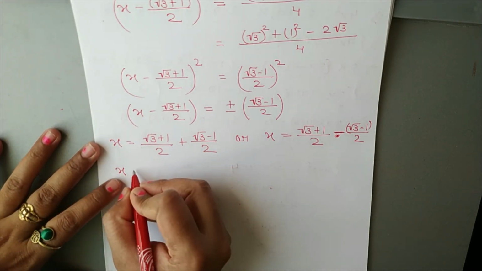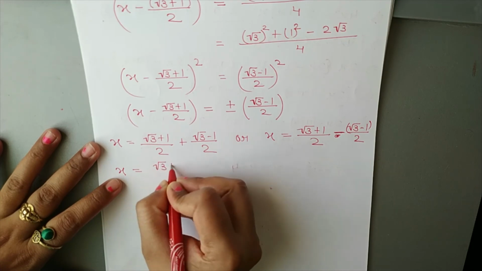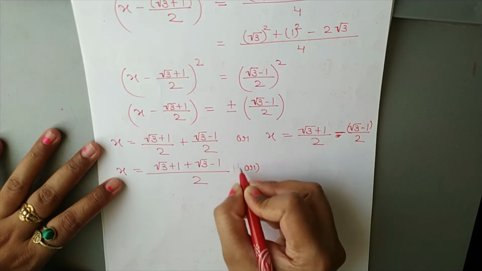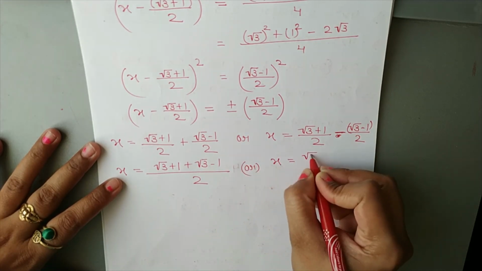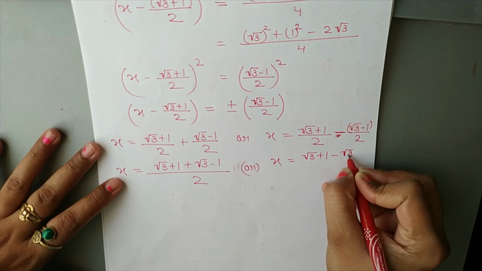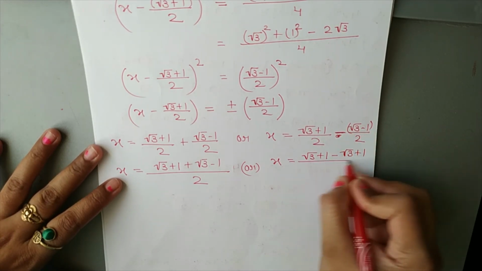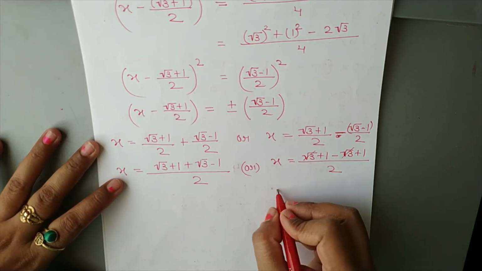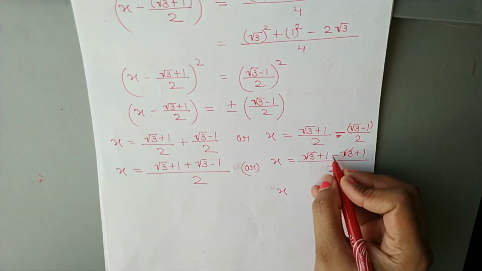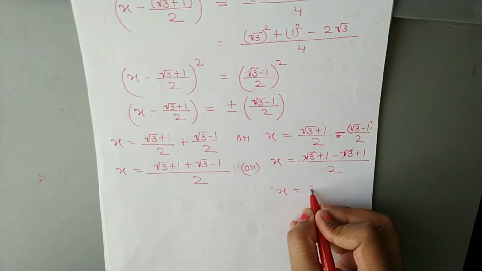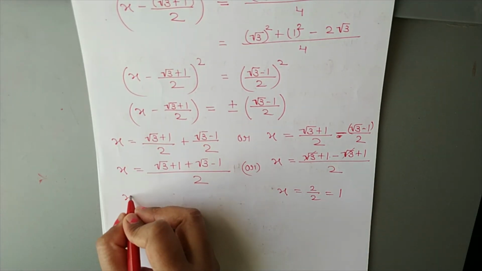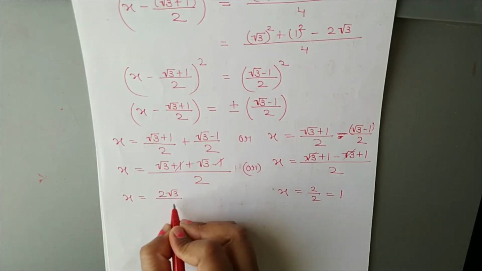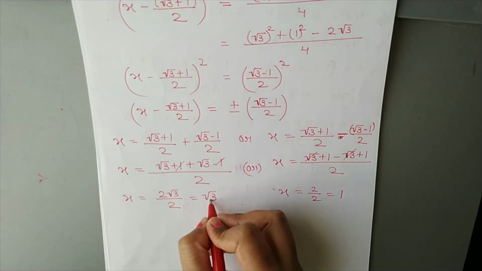So x = (√3 + 1 + √3 − 1)/2, or x = (√3 + 1 − √3 + 1)/2, because minus and minus becomes plus. So here √3 and −√3 will be cancelled. So x = 2/2 = 1. Then here 1 and −1 will be cancelled, so it will be 2√3/2, that is √3.